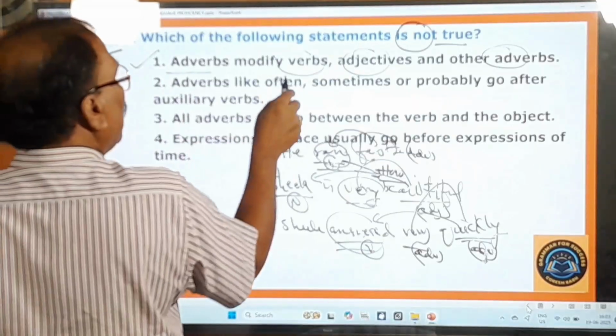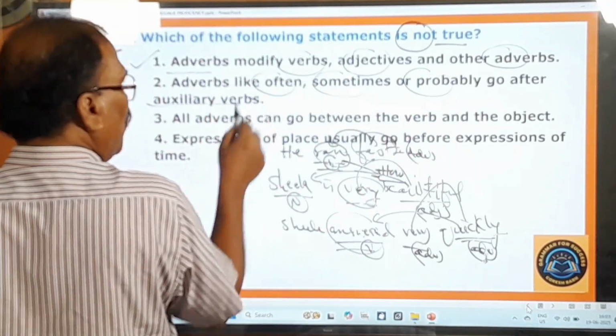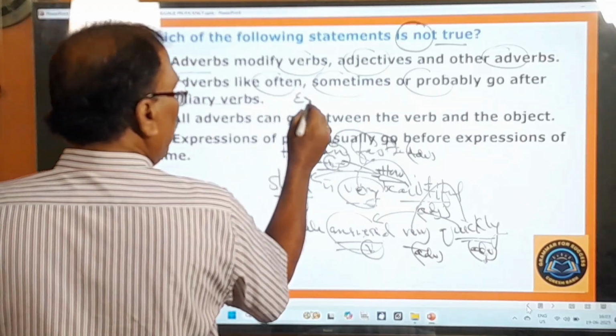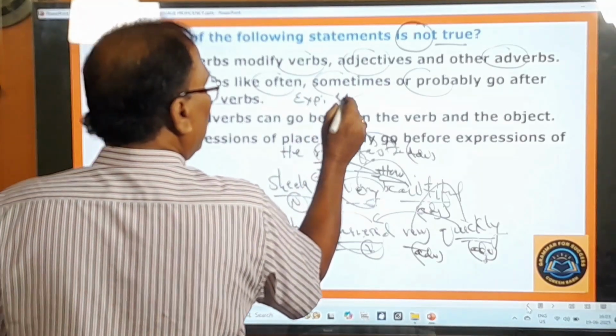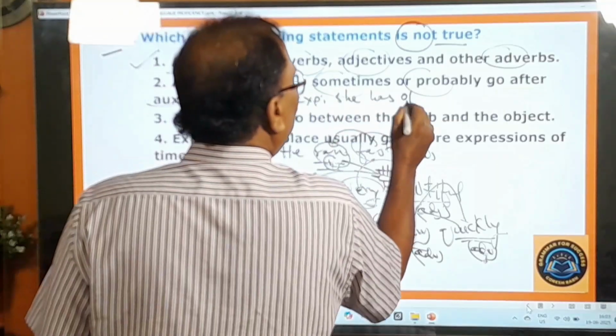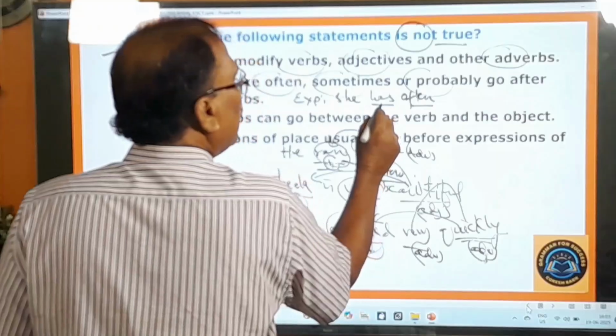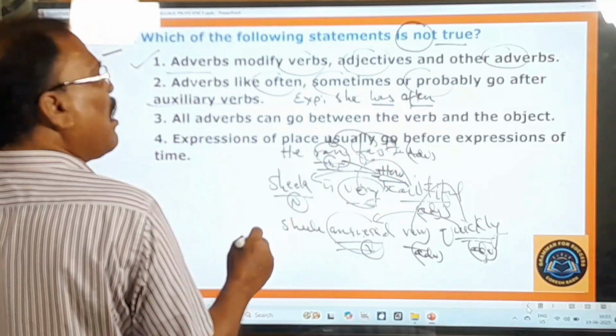And adverbs like often, sometimes, probably go after auxiliary verbs. Okay, it is so simple. Here only I'll give you the example. She has often avoided the classes. This is an auxiliary verb. All helping verbs are auxiliary verbs.